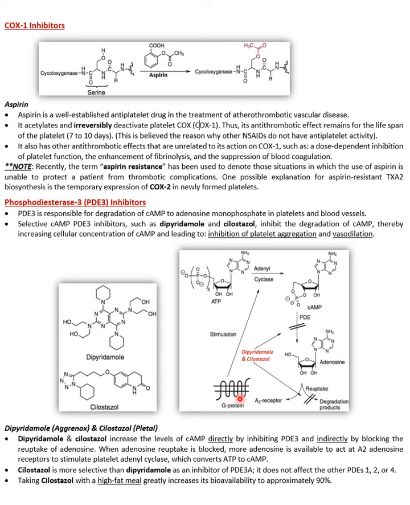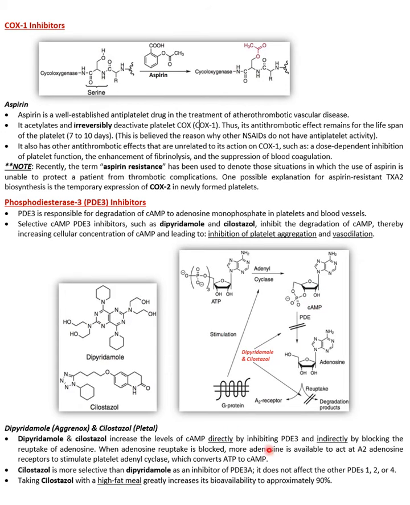When adenosine binds to that receptor, it stimulates the enzyme adenylyl cyclase, which is responsible for the synthesis of cyclic AMP from ATP. So you have a stimulation of the synthesis of cyclic AMP indirectly, and therefore we have more cyclic AMP, and we also have a direct inhibition of the phosphodiesterase, and therefore we have more cyclic AMP.